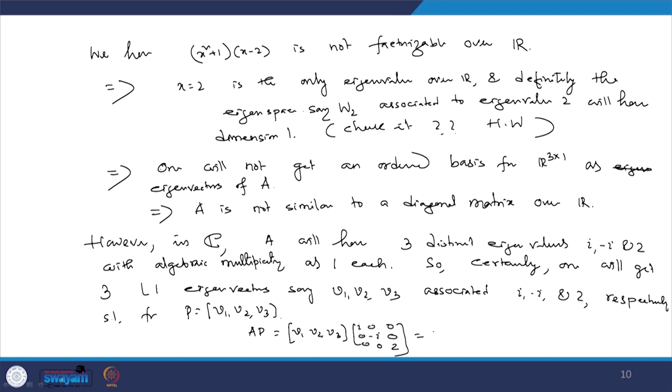So this is equal to P times a diagonal matrix D.